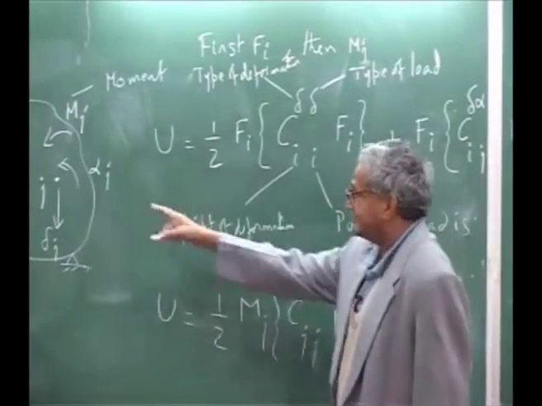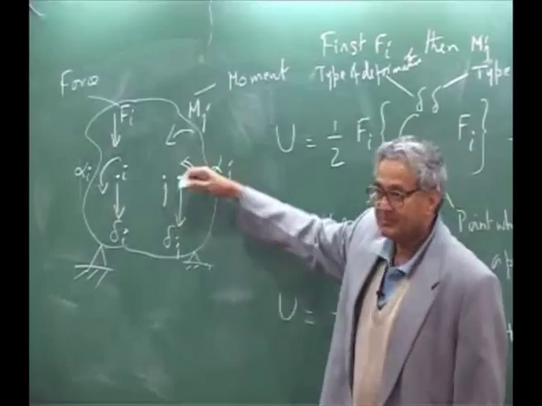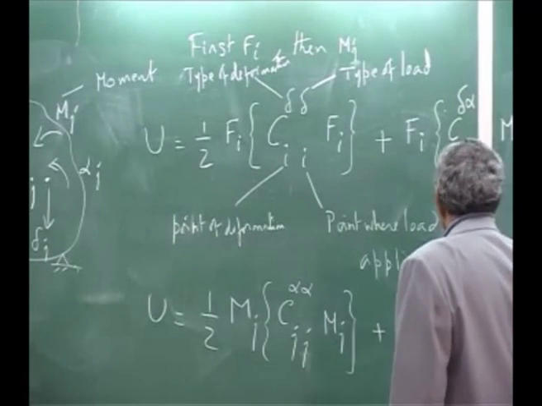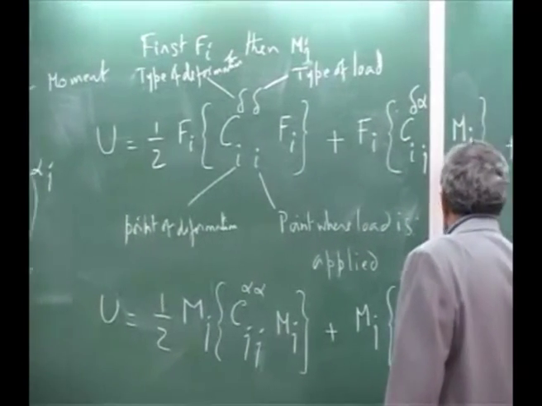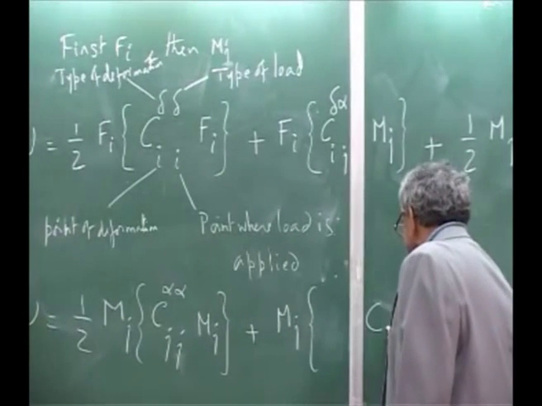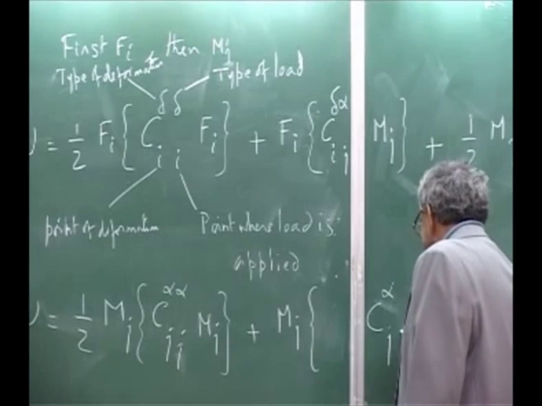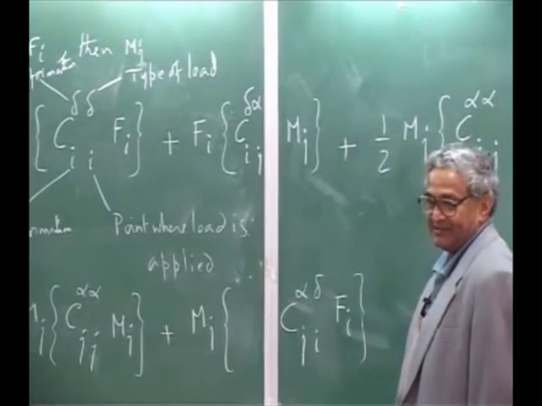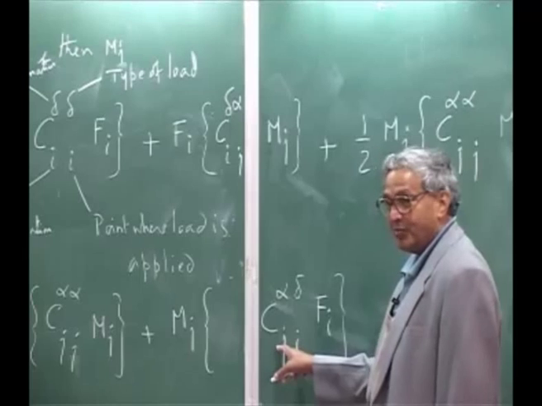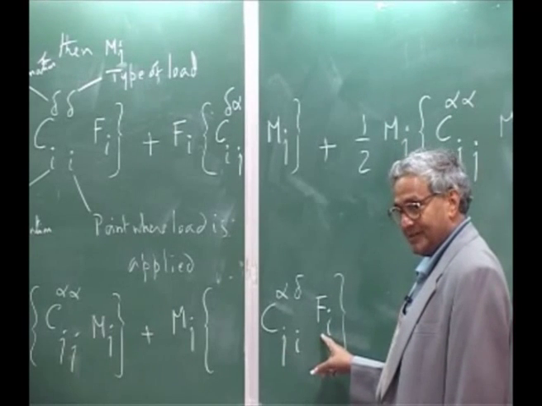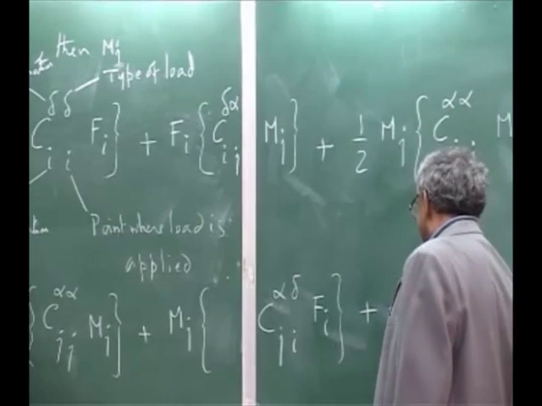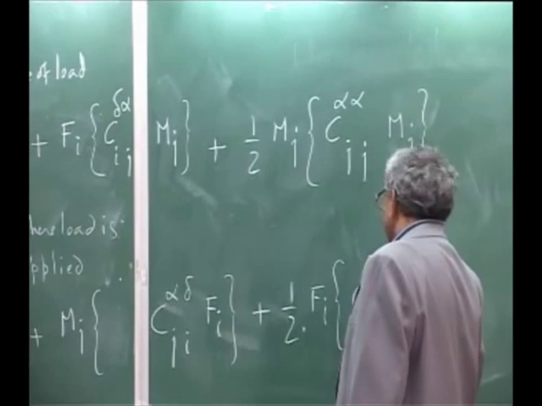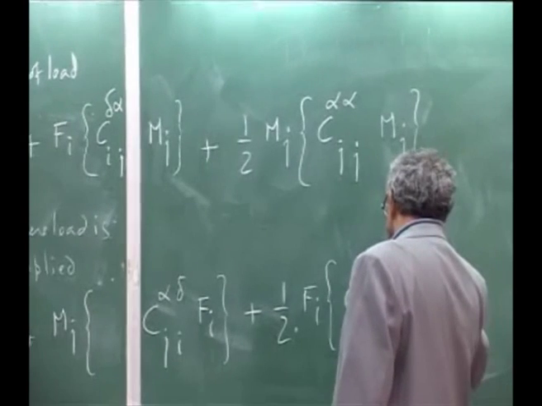The moment which is already applied here will rotate through some other angle. So I will have Mj times C J alpha I delta Fi, which is the rotation at point J due to the load Fi, plus half Fi times C I delta I delta.